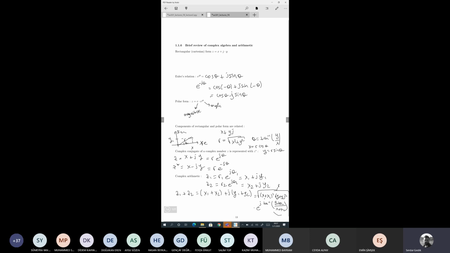While summing, you realize that it is simple to use the rectangular form, but when you multiply z1 and z2, of course you multiply magnitudes and you sum the angles. So that's it. This is how we perform complex arithmetic.